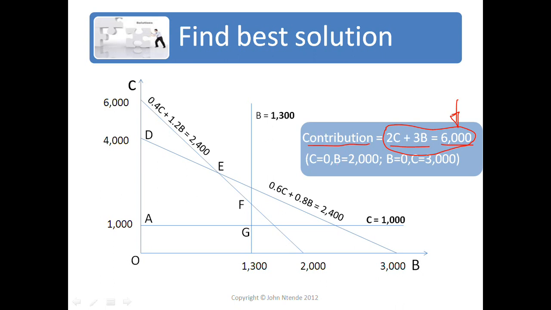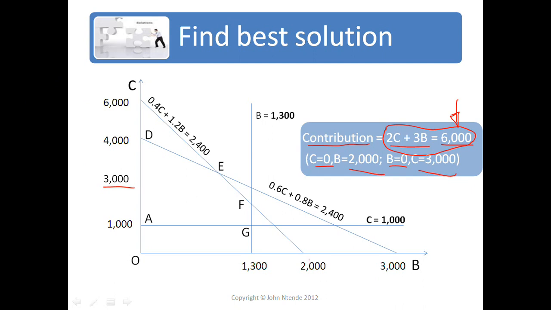So remember, if we want to draw this line, we need 2 points. So when C is equal to 0, B is equal to 2,000. When B is equal to 0, C is equal to 3,000. So we plot these points and join them with a straight line. The point B is equal to 0, C is equal to 3,000 is right here.